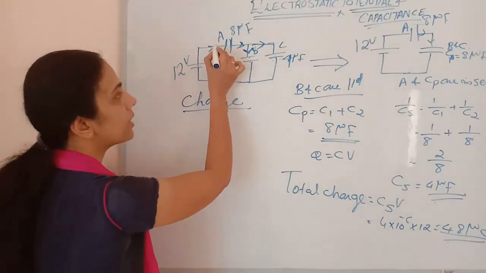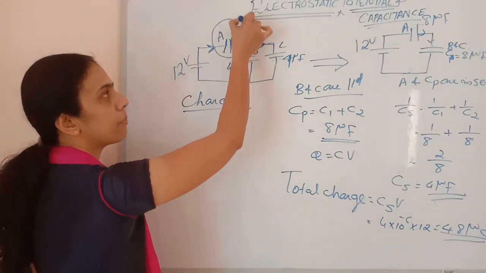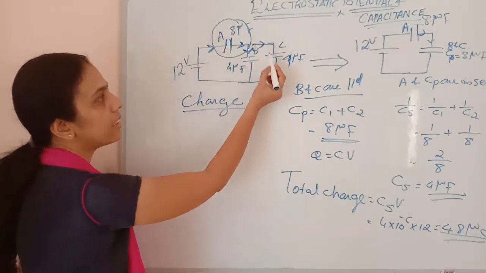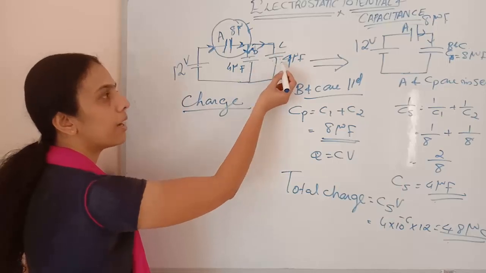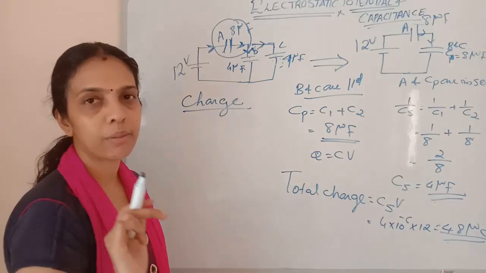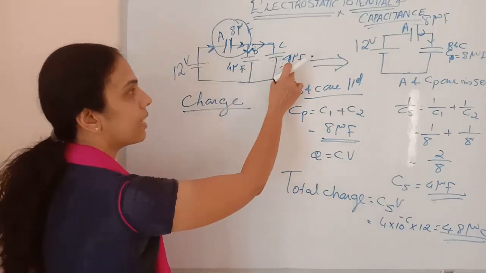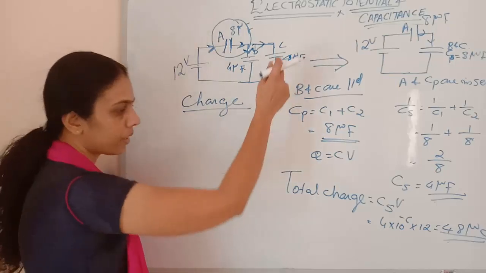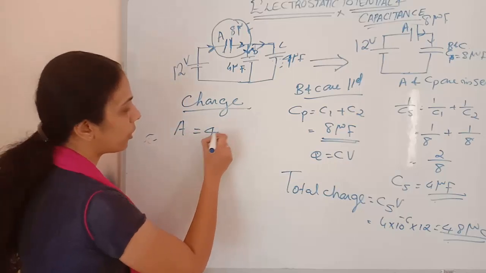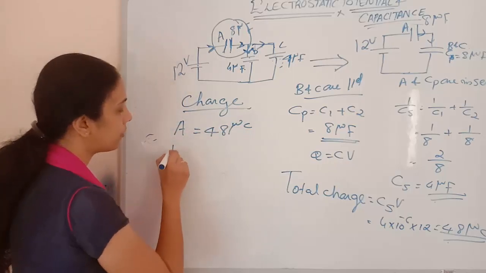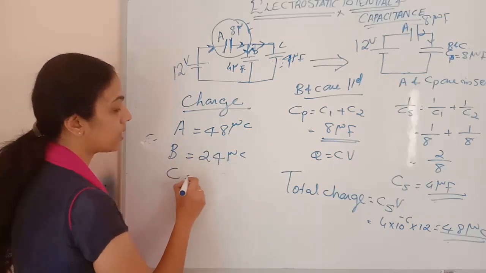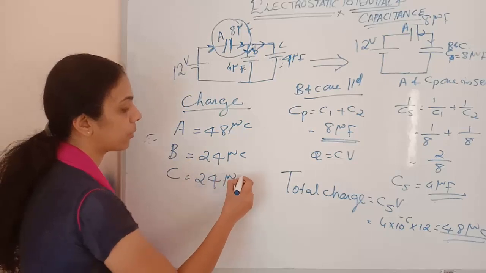The total charge fully moves through this 8 microfarad, with no splitting over here. While comparing B and C, both are the same capacitors, so the charge will be equally divided between them. So the charge flowing through A is 48 microcoulomb, through B it is 24 microcoulomb, and through C it is 24 microcoulomb.